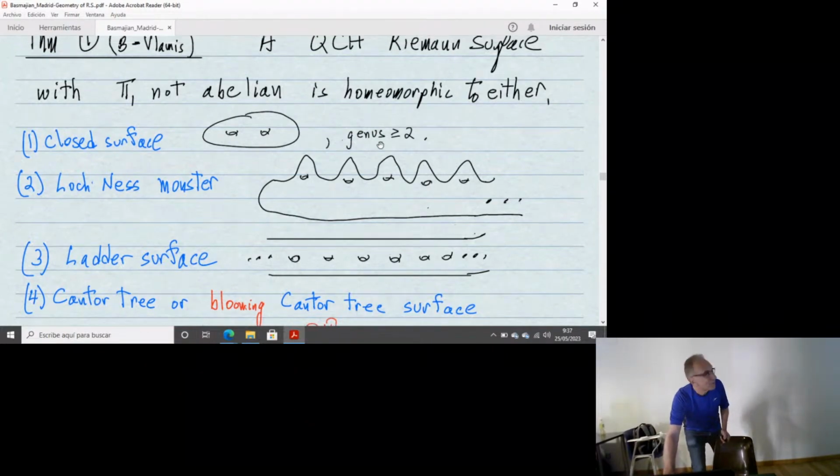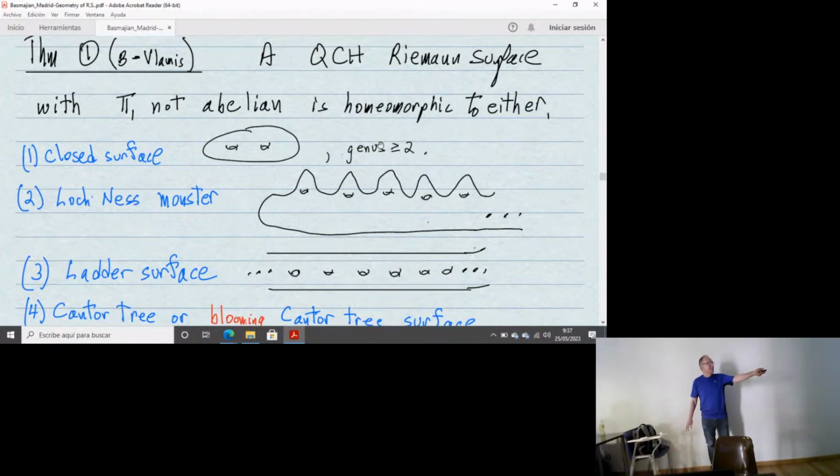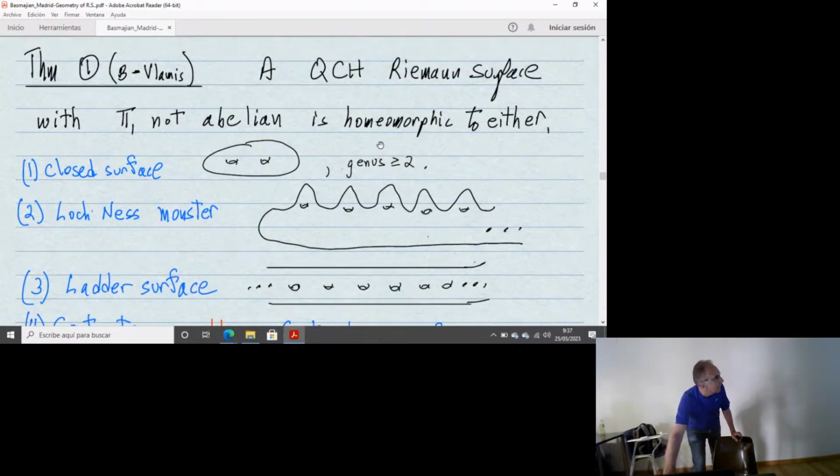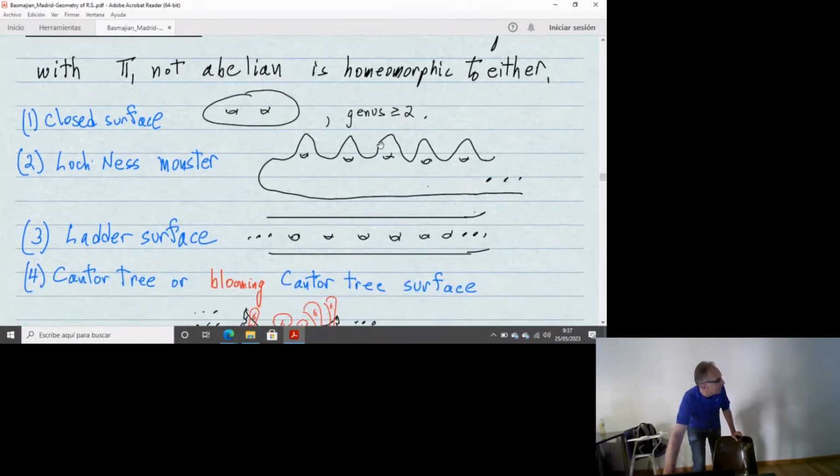Read this first. You see this line? So we're starting with a QCH surface, a Riemann surface, and pi was not abelian, so it's a hyperbolic surface. Okay? So the statement is that then the surface has to be homeomorphic to one of these, actually 5.